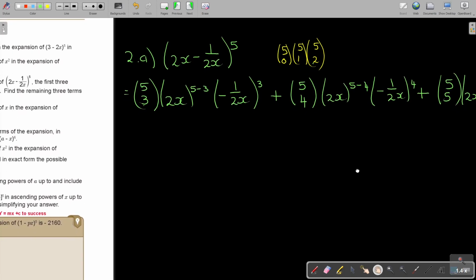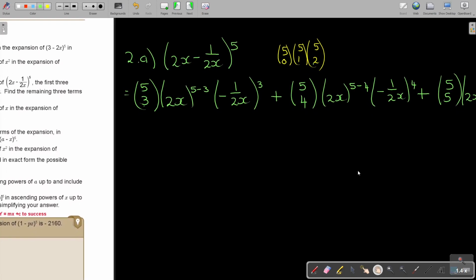If I work it out, the first one I'm just going to get 5, and remember your nCr, so it's 5 nCr 3, and what do you get? You get 10. Then this is 2 to the power of 2, so it's 4x squared.